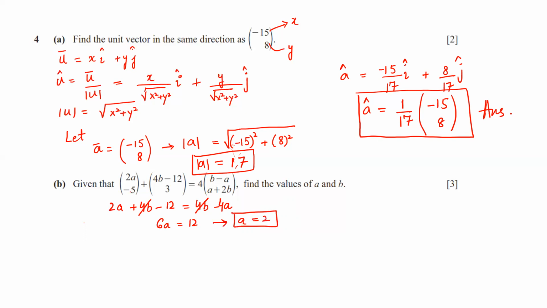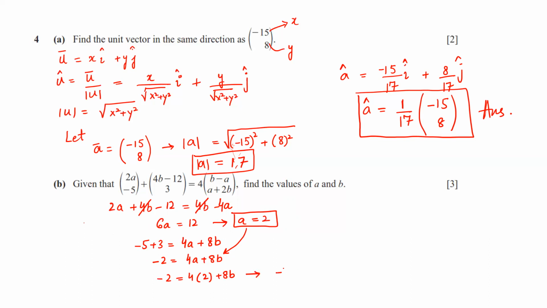Okay. And now from the second equation, it is minus 5 plus 3 equals 4a plus 8b. This is minus 2 equals 4a plus 8b. Now put in the value of a equals 2: minus 2 equals 4 into 2 plus 8b.